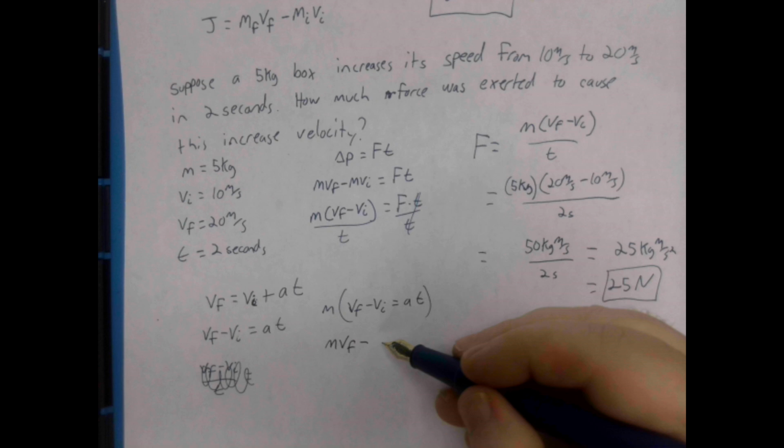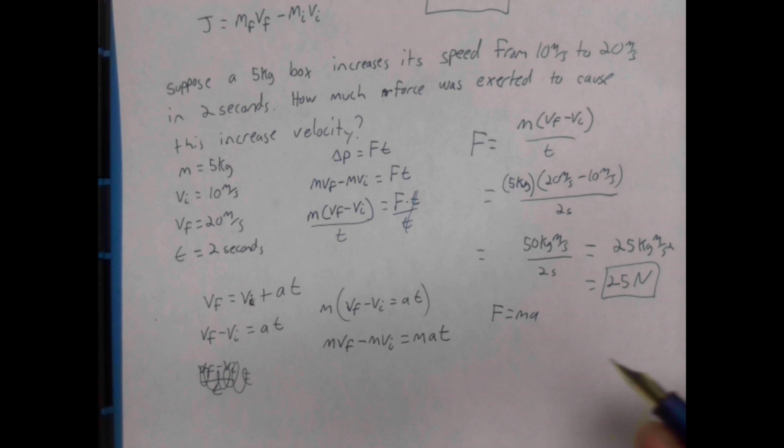And from Newton's second law, F is equal to ma, so this can be replaced with F. So we end up with F times t. This is momentum, so this is the change in momentum.